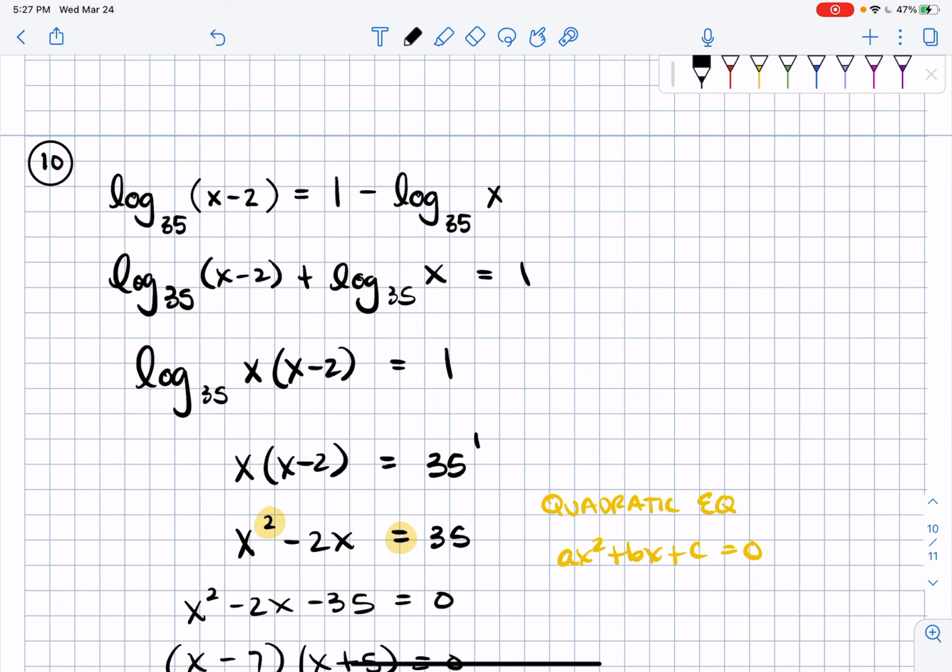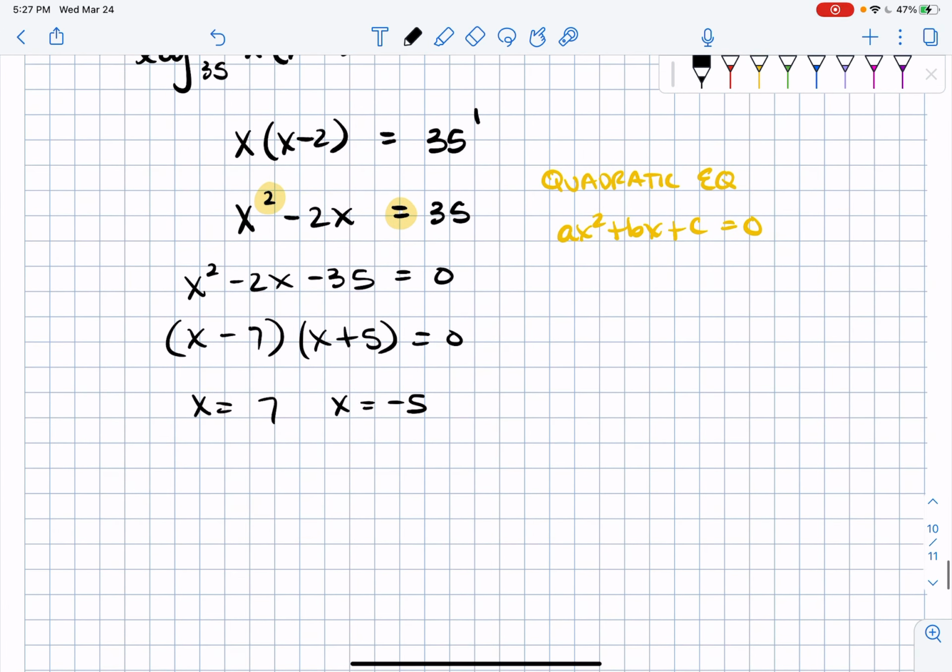So if I was to graph the log of x, it would look something like this.